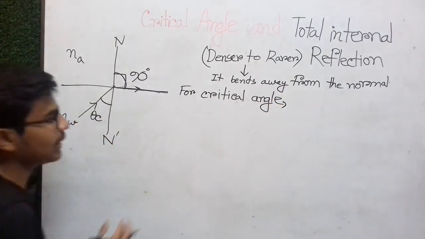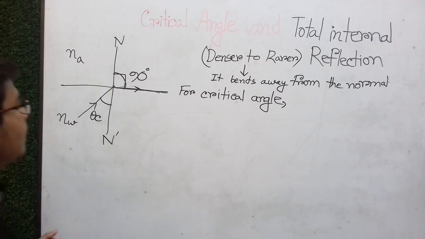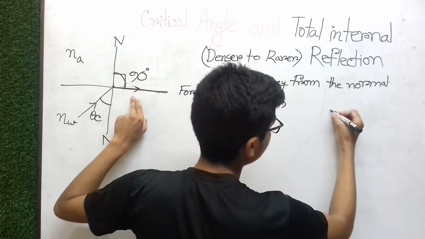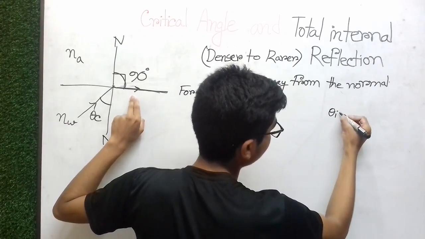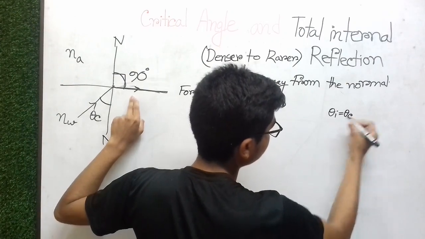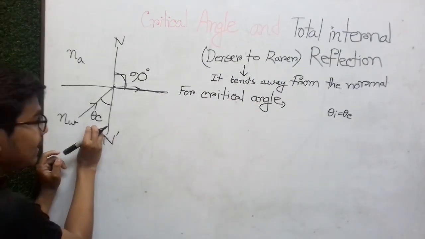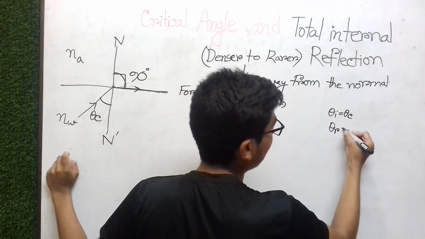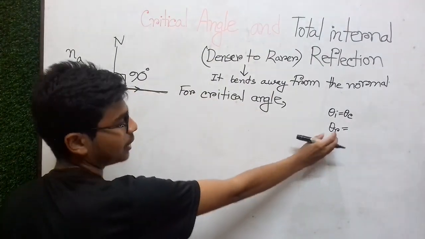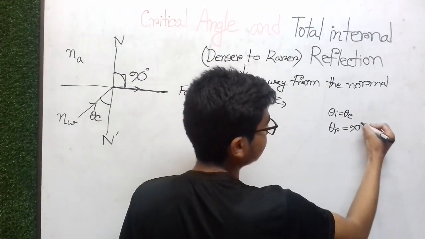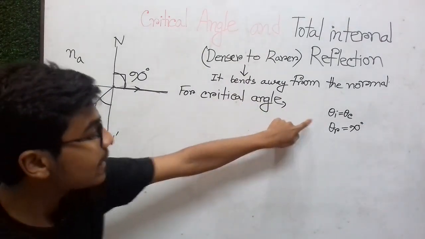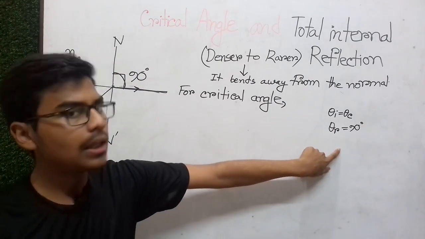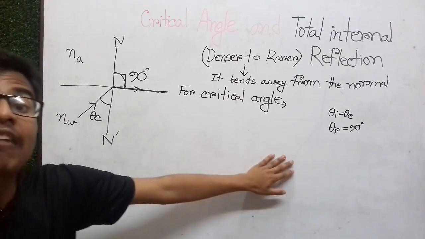I'm taking theta I equals theta C, considering the angle of incidence equal to the critical angle, and theta R, the angle of refraction, equal to 90 degrees. Because when this is a critical angle, at that time the refracted angle must be 90 degrees. This is the condition for being a critical angle.